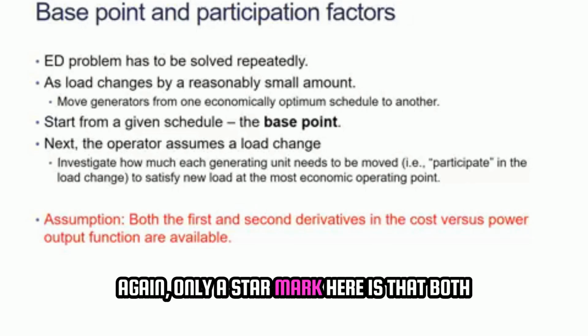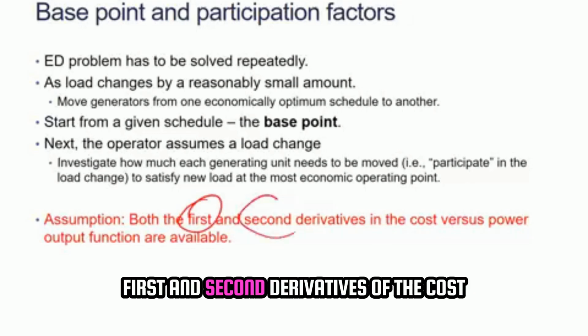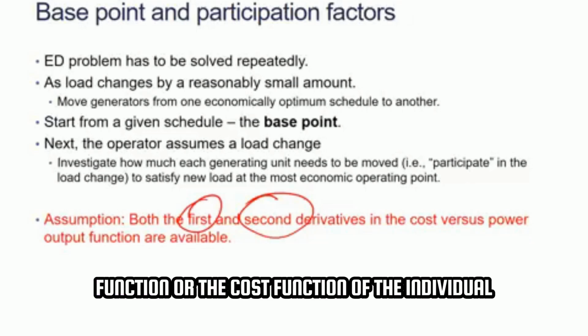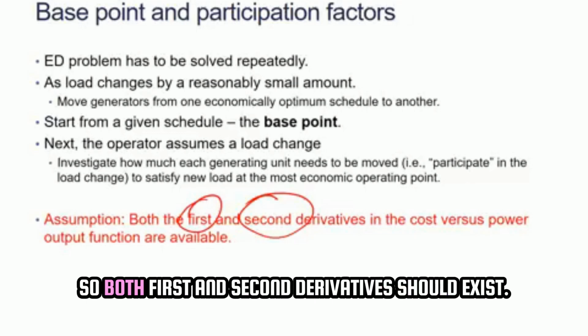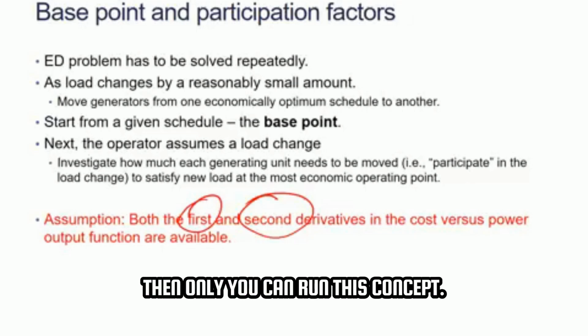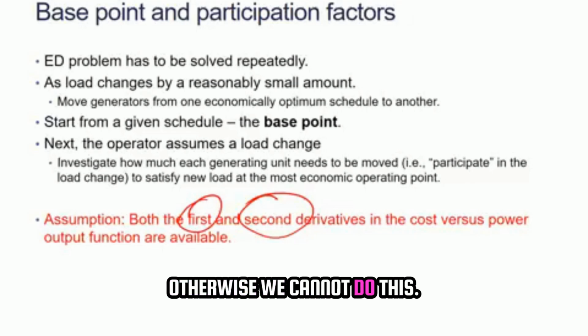Only a star mark here is that both the first and second derivatives of the cost function of the individual generator must be valid. So both first and second derivatives should exist. Then only you can use this concept. Otherwise, we cannot do this.